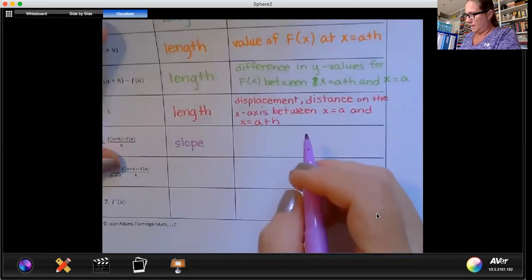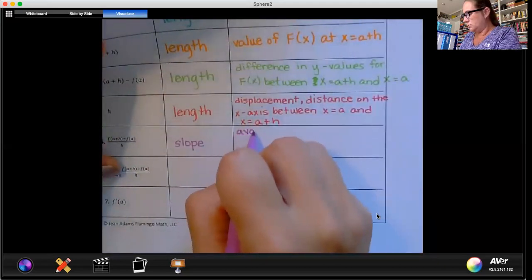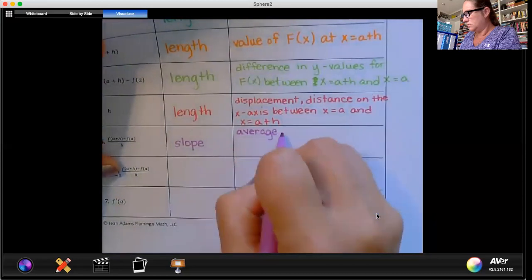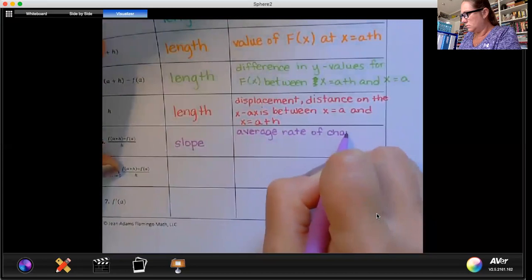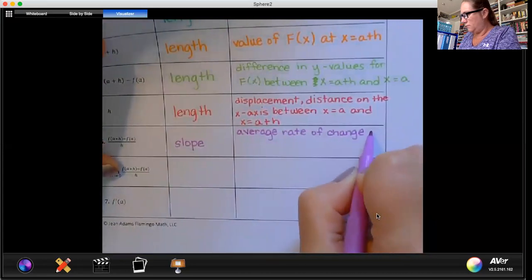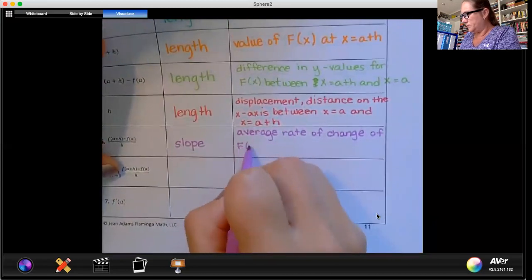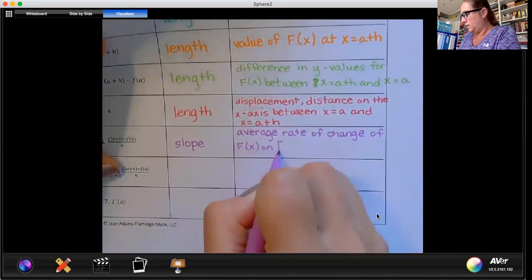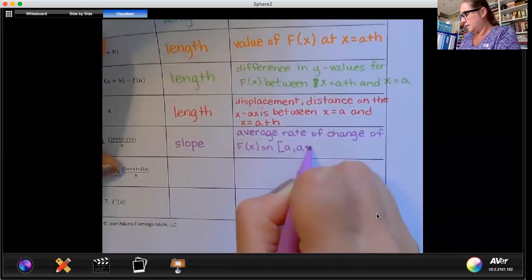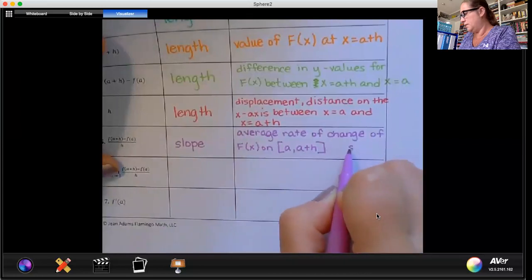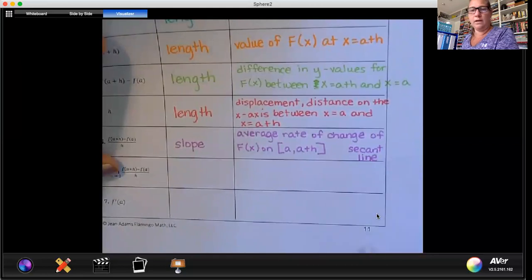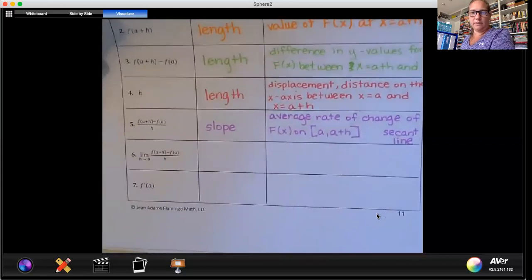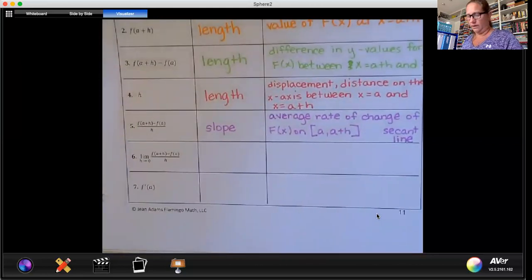It is going to be our average rate of change of f of x on the interval a to a plus h. We are finding the slope of our secant line. And all of these formulas are in your notes with all of their information. So if you need to look back at those at any time, feel free to do so.